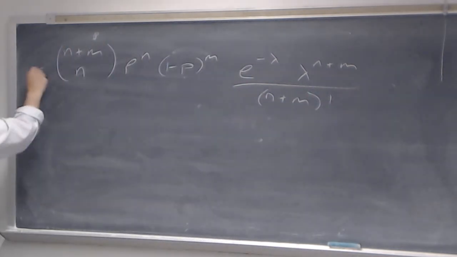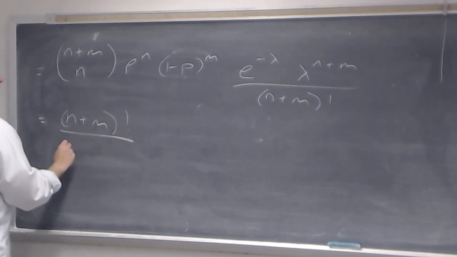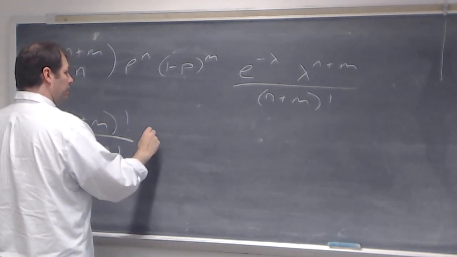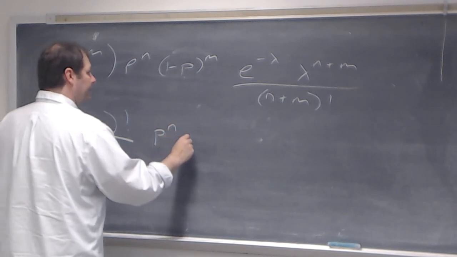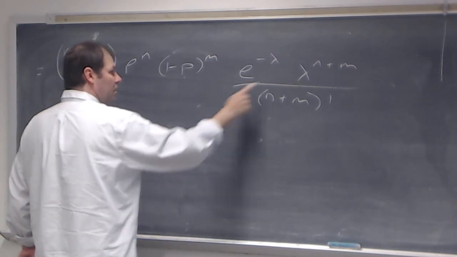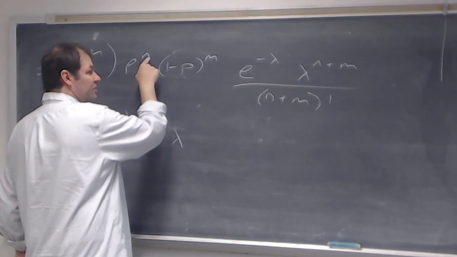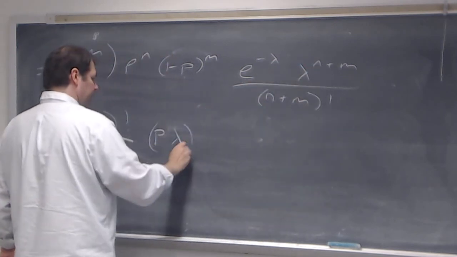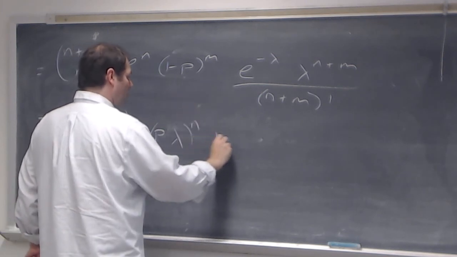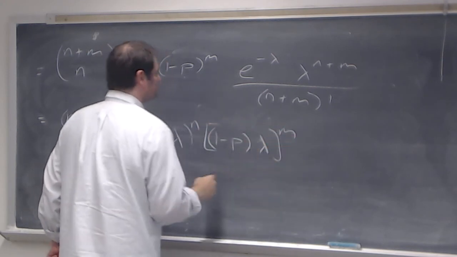Simplifying, this will be n plus m factorial over m factorial times n factorial, times p to the n. And here I'll take one of those lambdas: lambda to the n plus m is lambda to the n times lambda to the m, so I'll take p raised to n and lambda raised to n, and rewrite that as p times lambda raised to n. Likewise, I'll have 1 minus p times lambda, all that raised to the m.